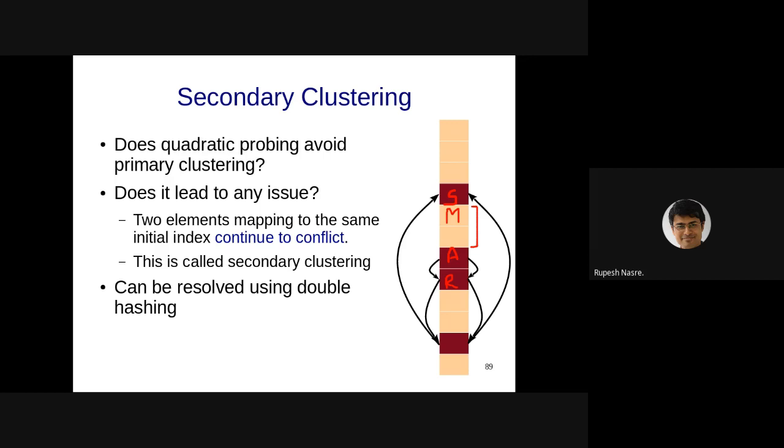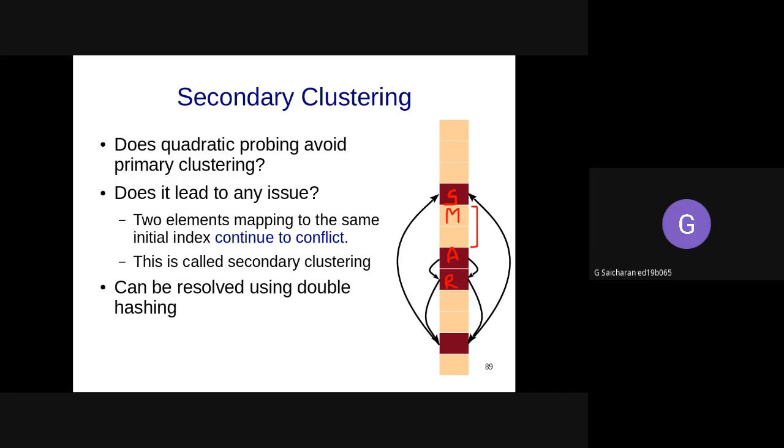Does that seem reasonable, Sai Charan? Yes, sir. I was just wondering, even in quadratic probing, the same thing will happen, right? It will occur for the entries which are conflicting. Say after performing quadratic probing for the first collision of S, if it is redirected to the index A, that is similar to having S and A one after the other in the case of linear probing, right?